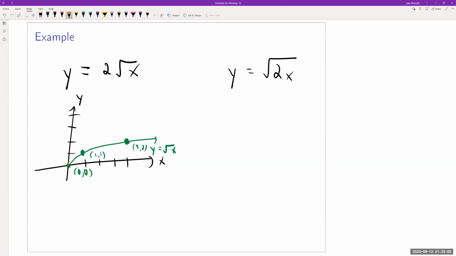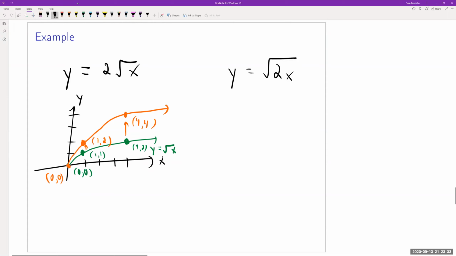That gives me 1, 2, and 4, 4. I've doubled every y value while leaving the x values the same. That means that I'm still going through the origin. I've still got the point 0, 0, but each of my other y values is doubled, giving me a graph that has been stretched out vertically.